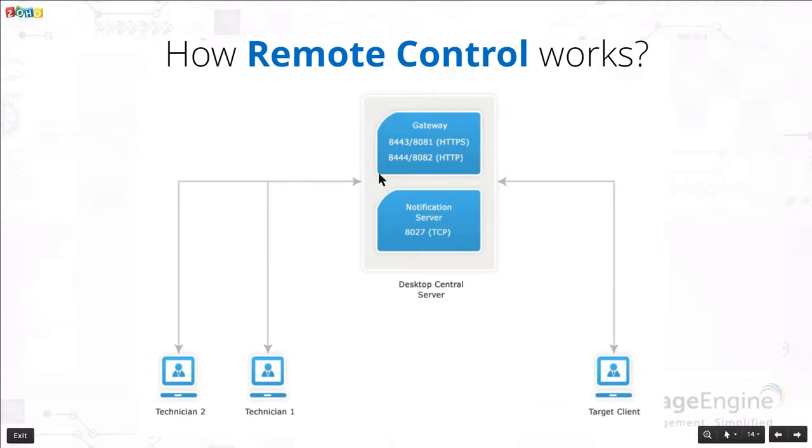So it forwards the request which came from the client back to technician 2. That's how technician 2 can see the target machine screen on his local laptop. That's how the backend workflow goes on for the remote control activity.